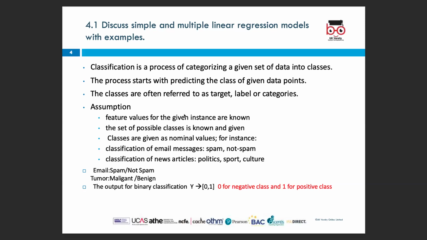And also we have a popular example, which is news articles, which can be put into classes of politics, sports, culture. We have email, spam or no spam, tumor, malignant or benign. So the output for binary classification is 0 or 1, true or false, 0 for negative class and 1 for positive class.